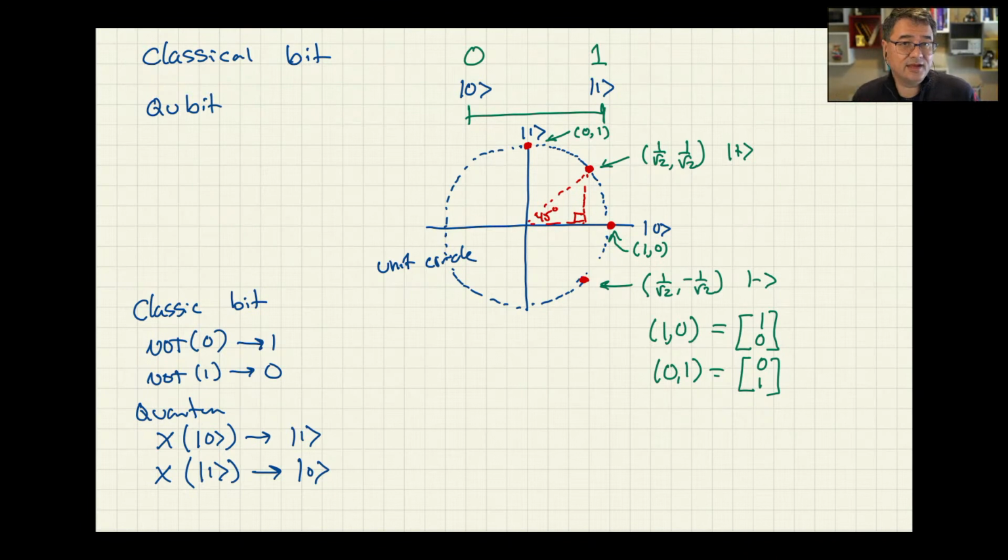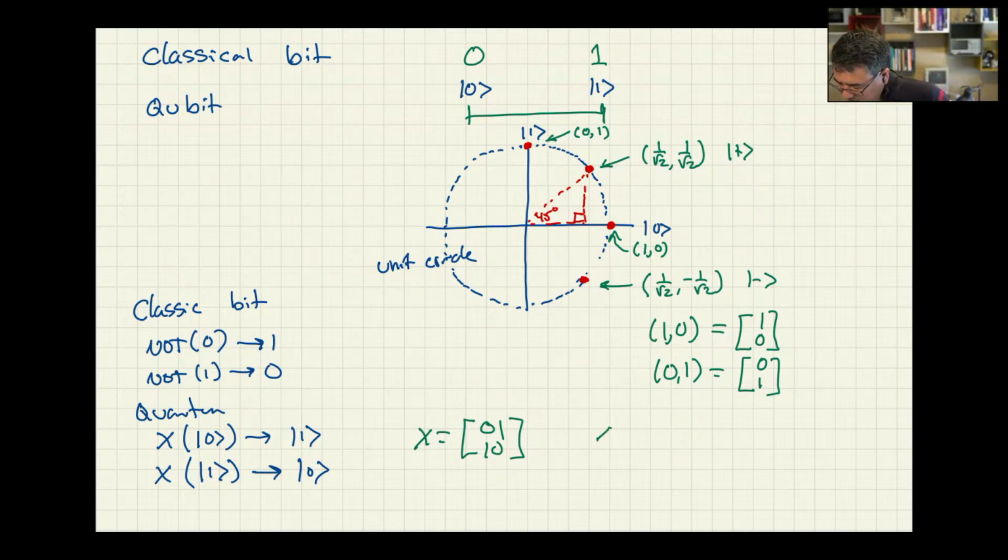Okay? And the nice thing about these quantum transformations, like the X operation, and we'll find out about the H operation in a moment, is they can also be represented as matrices. So the X's matrix is 0, 1, 1, 0. It's a 2 by 2 matrix.